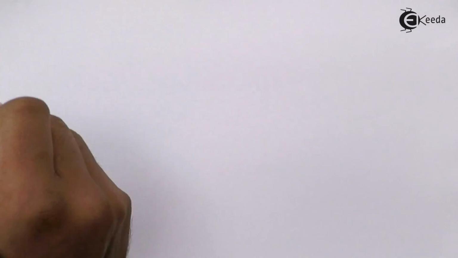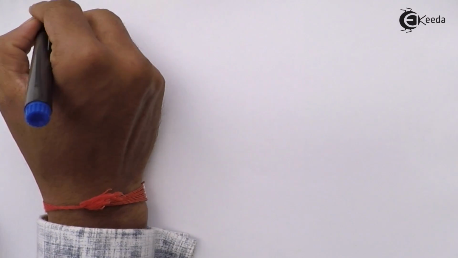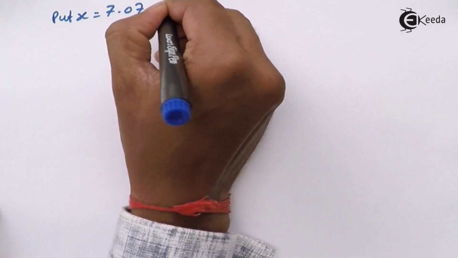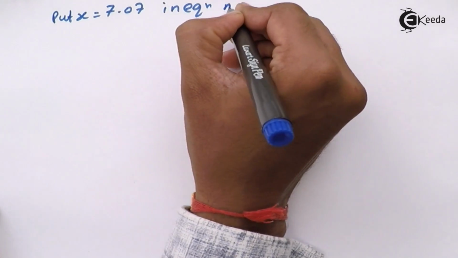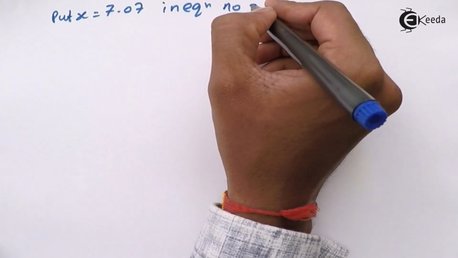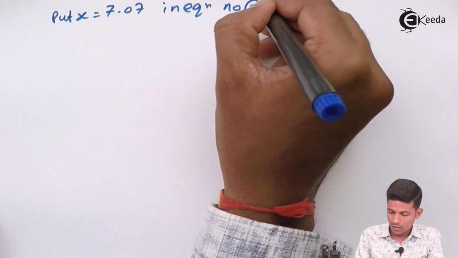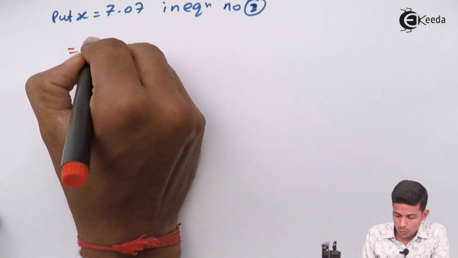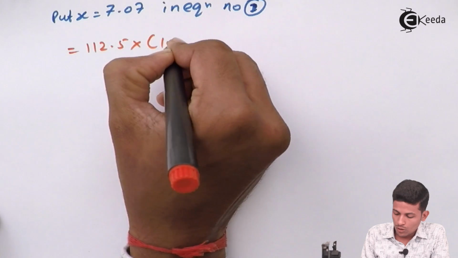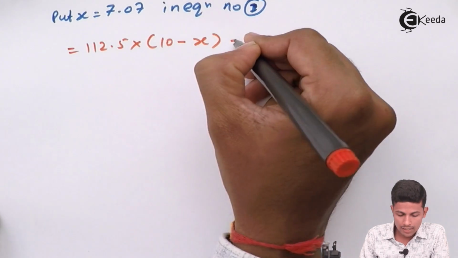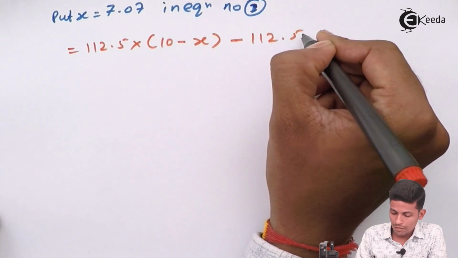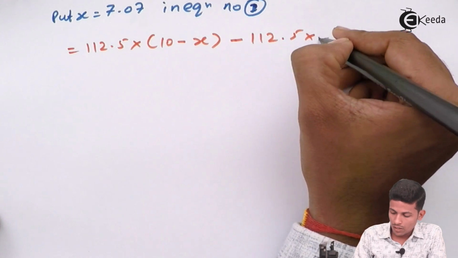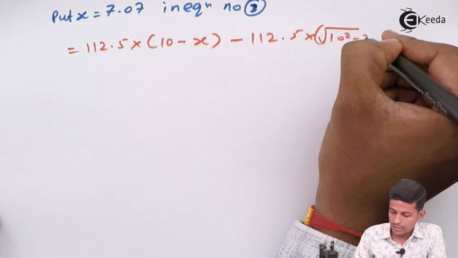Now we want this distance, so 10 minus x. So put x is equal to 7.07 in equation number 1. We get 112.5 into 10 minus x minus 112.5 into under root 10 square minus x square.